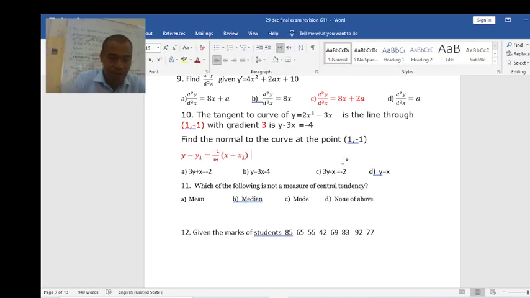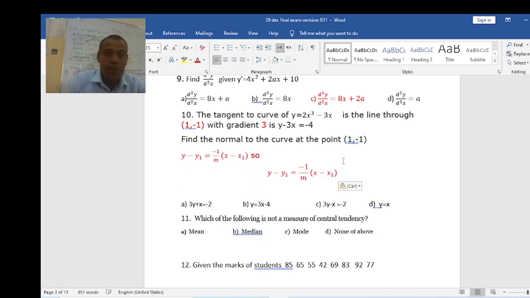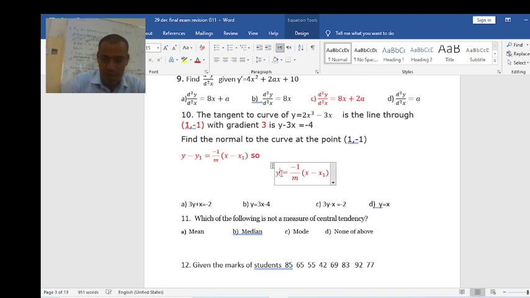We were told that this is y1, my learners, which is minus 1; minus minus gives plus. So plus 1 equals minus 1 over 3, because the gradient is 3, multiplied by x minus 1.